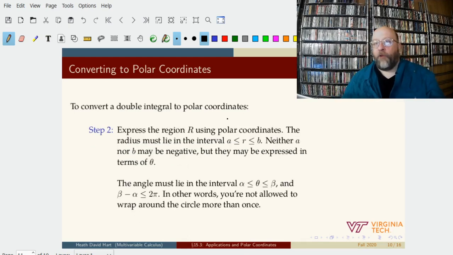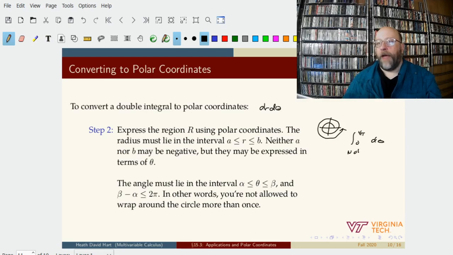Then we have to express the region using polar coordinates. Since we're doing dr d theta, the theta limits have to be constants, and we're not allowed to wrap around the circle more than once. I'm not allowed to integrate, say, from 0 all the way to 4 pi. That's not allowed because you're counting everything twice because you went around the circle twice.